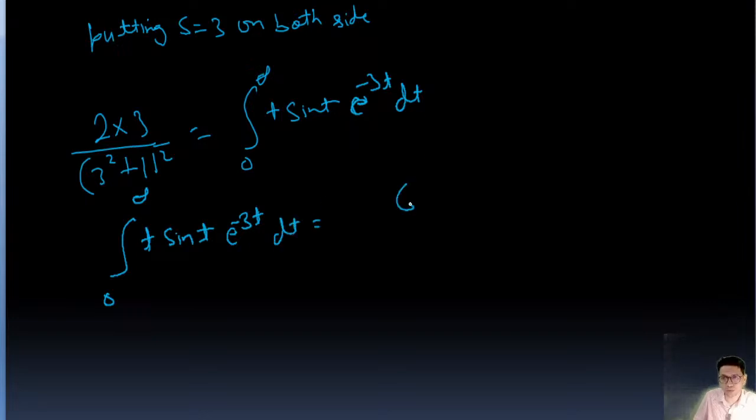So this value is 6 upon 3 square plus 1, that is 10 square, so 6 upon 100. We cancel by 2 in both numerator and denominator. So this value is 3 by 50, the answer.